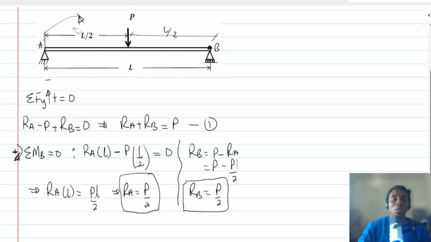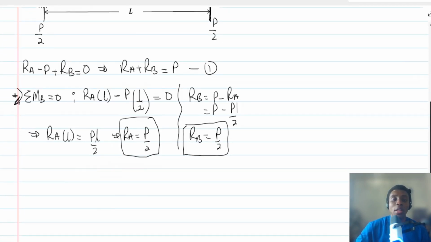All right, okay, so it means that the reaction here is P divided by 2, and the support reaction, which is also here, is P divided by 2. All right, okay, so we are done with the reaction side. Let's begin with the deflection itself. So P out of 2, P out of 2.